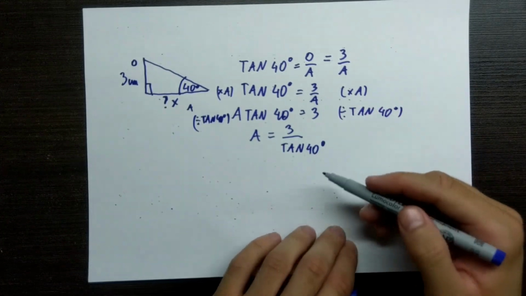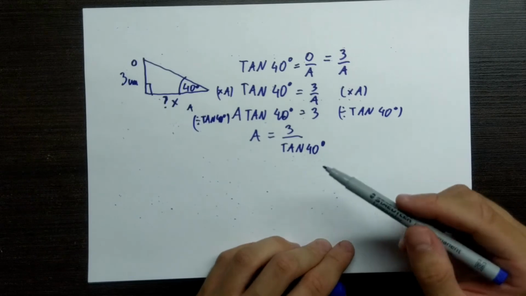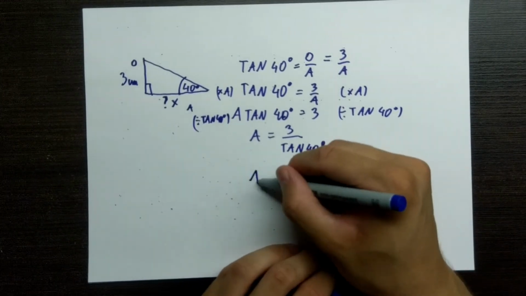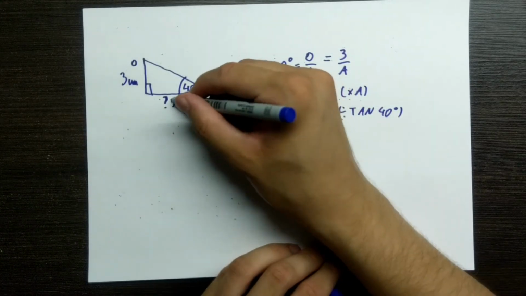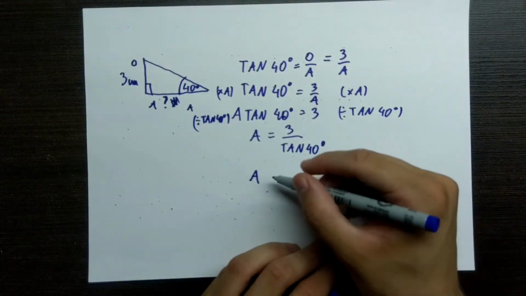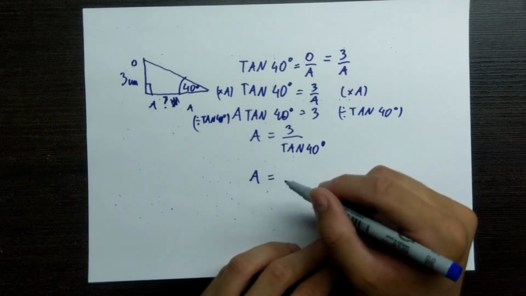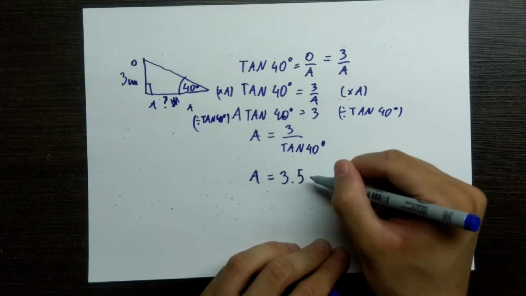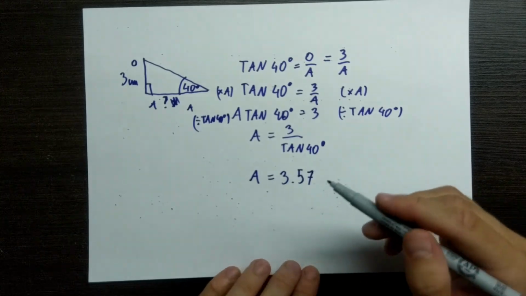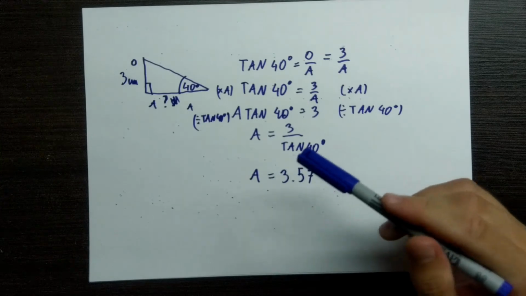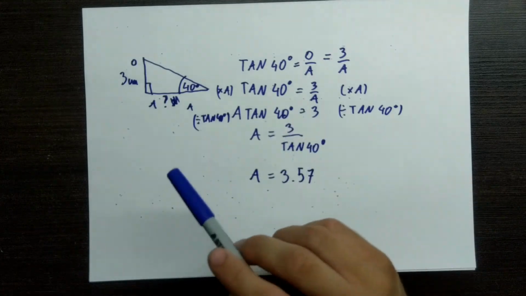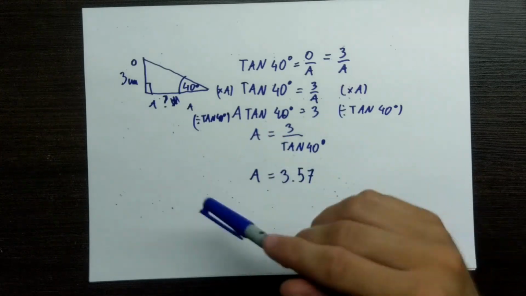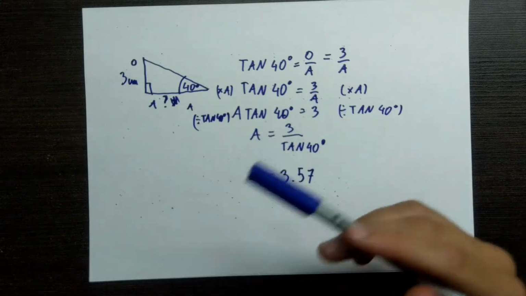And if you were to plug those numbers into a calculator, you would find that a, the side that we want to know, will be equal to 3.57. Okay, so this is how we can use these formulas to find an unknown angle or an unknown side using much less information in general than Pythagoras' theorem.